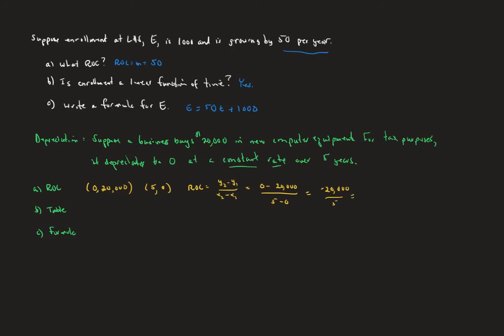Since 20 divided by 5 is 4, that's a negative 4,000. Just thinking about units, to get the practice, that's dollars per year. The negative is not surprising because it's decreasing in value, so the price is going down from our 20,000 to 0.